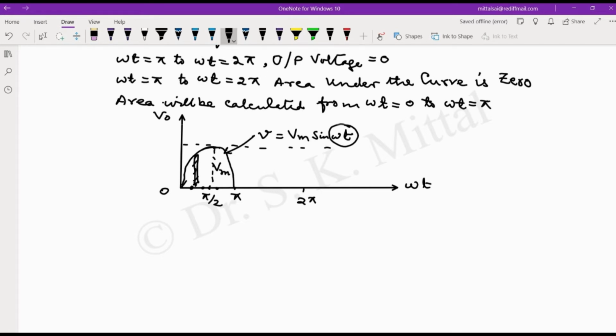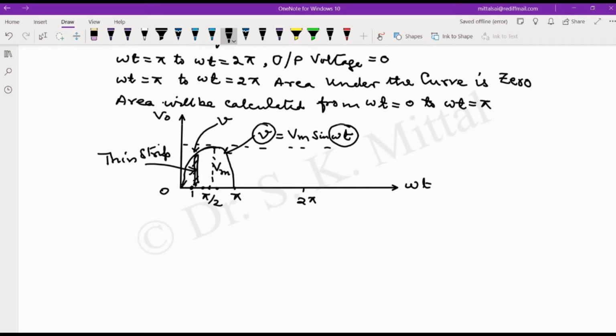Since at every omega t, the height of the curve is represented by the instantaneous value v, for this thin strip, its height is v.